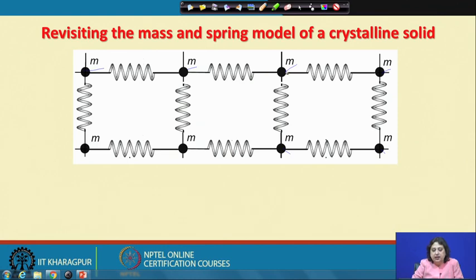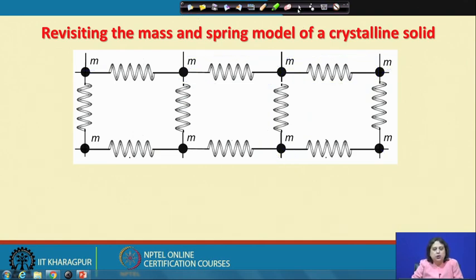As a result, each pair of neighbors is connected by a harmonic spring. So, these are the neighbors that I am talking about for this particular atom. It has two neighbors in this direction, and if I go in this direction, as I have shown in this figure, there is another one connected to it as a spring.